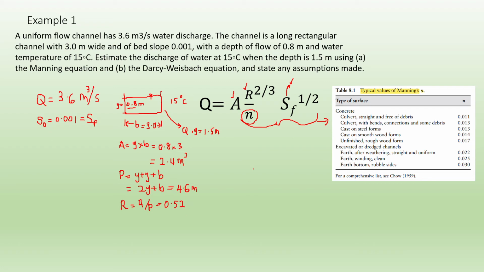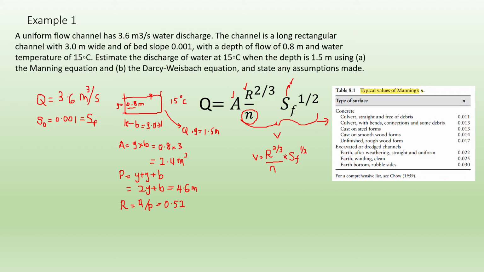Of course, you know that this part of the equation is V, so V is equal to R to the power of 2 over 3 divided by N, multiplied by the friction slope to the power of half.